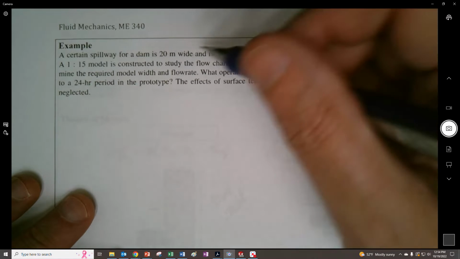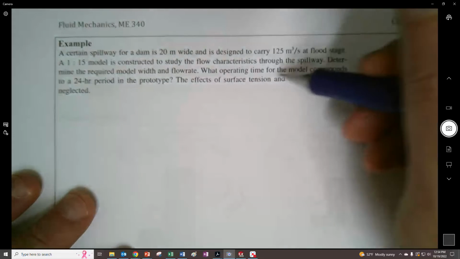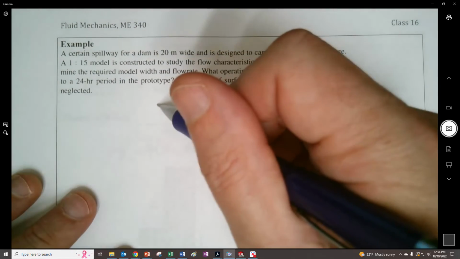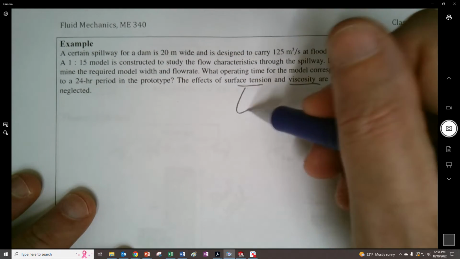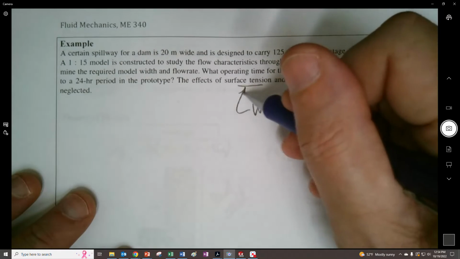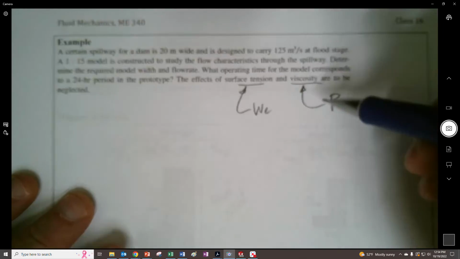I didn't do the Buckingham Pi for this, and maybe I should have, but it wasn't done in the original book, so that's why I'm not doing it. But we do know that surface tension and viscosity don't matter. So because of that, the Weber number doesn't matter, and because of this, the Reynolds number doesn't matter, right? So it's not dependent on those.